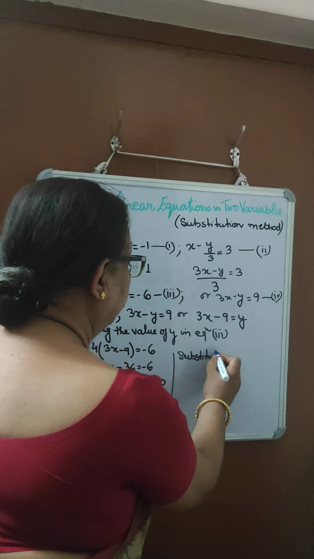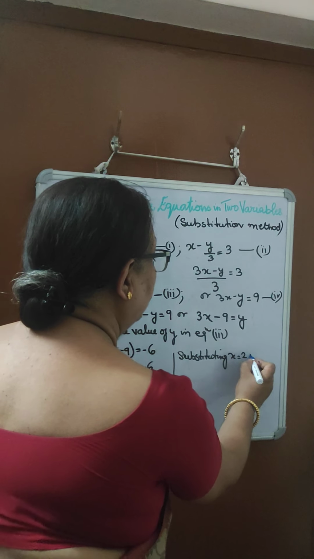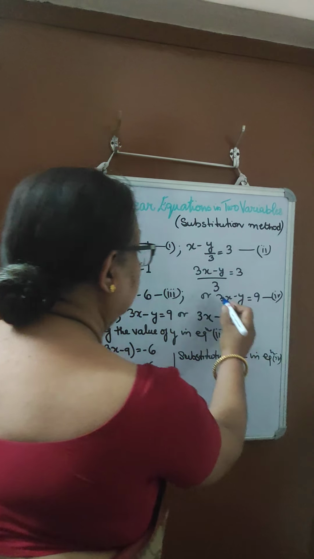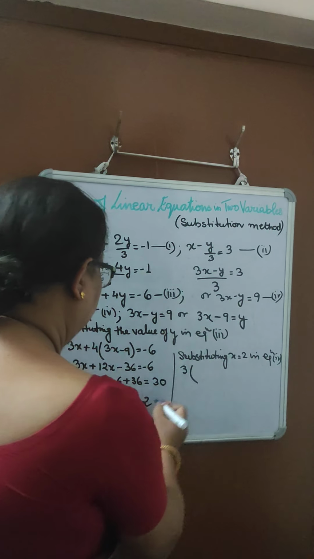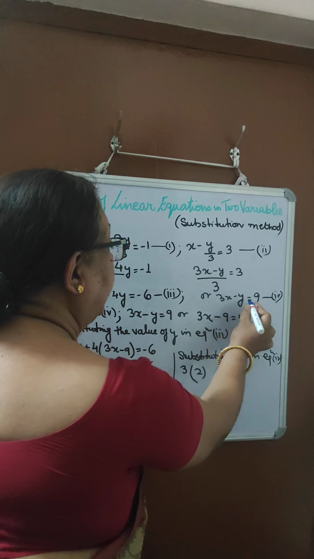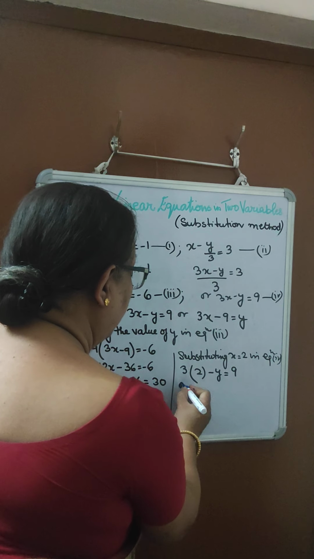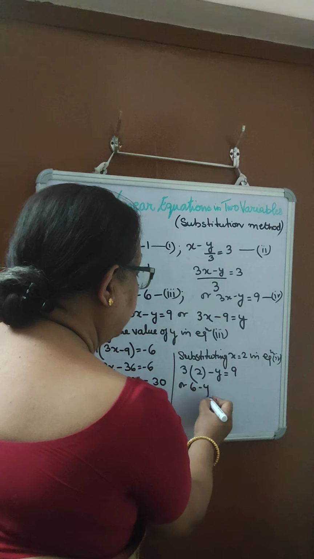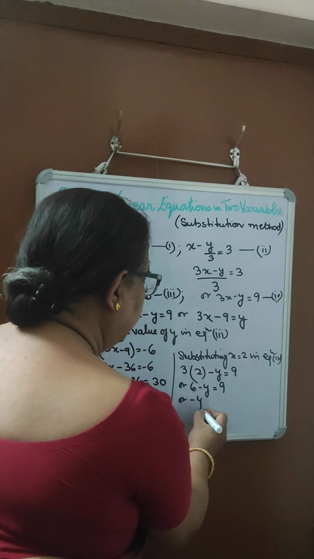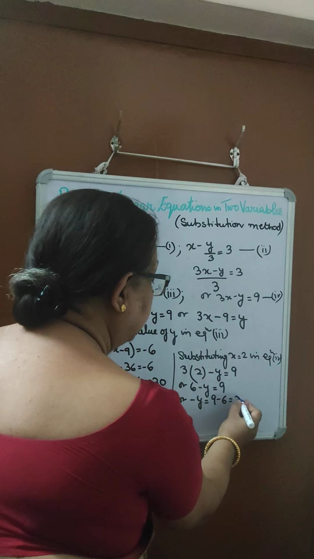Substituting x equal to 2 in equation 4, 3x, that is 2, 3x minus y equal to 9, or 6 minus y equal to 9, or minus y is 9 minus 6, that is 3.